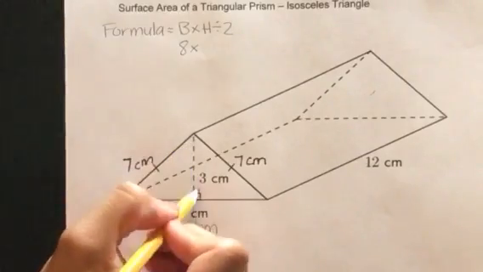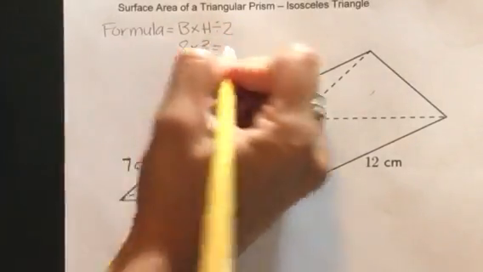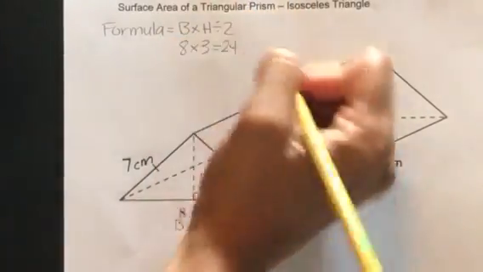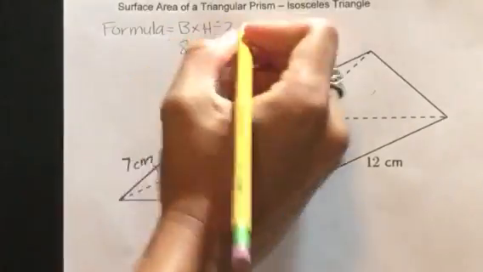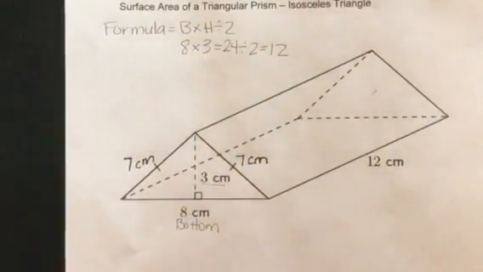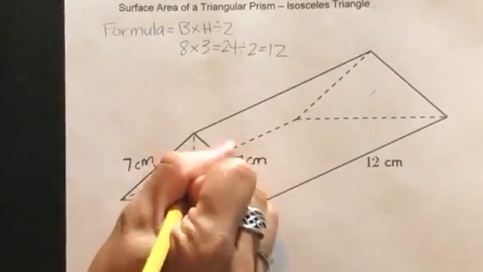So the height of this triangle is 3. 8 times 3 is 24. Then we have to divide that by 2. So when we divide that by 2, you get 12. So the area of this triangle is 12.